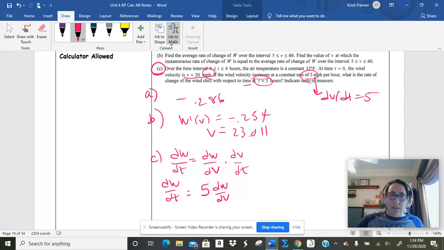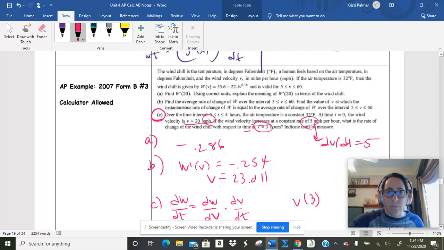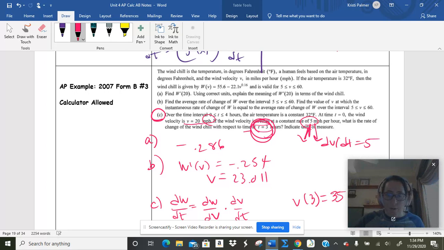So now I'm looking for this at t equals 3, that is w prime, well when t is 3, so let's go find v of 3. So v of 3, hours here at a constant rate of 5, 20, so 35.